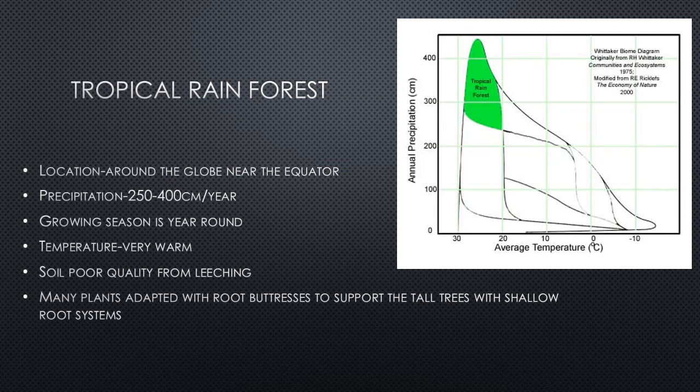A lot of the plant adaptations that we see are root buttresses, which, remember, when we looked at roots, we looked at those supportive type structures. And so those are used to support the tall trees because they have shallow root systems. And again, as we look at our graph over here, we have very high precipitation rates as well as very warm temperatures.